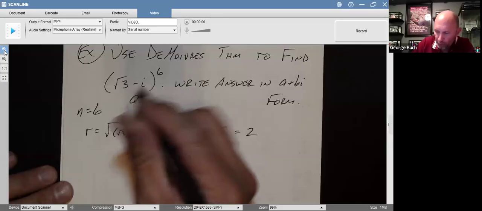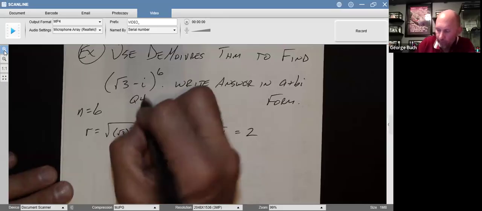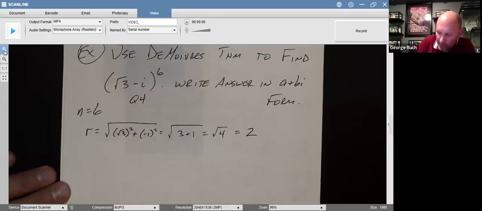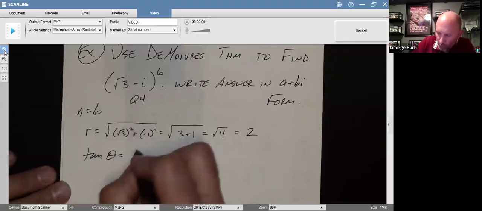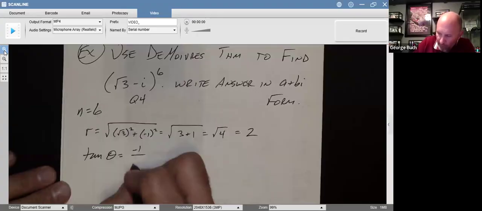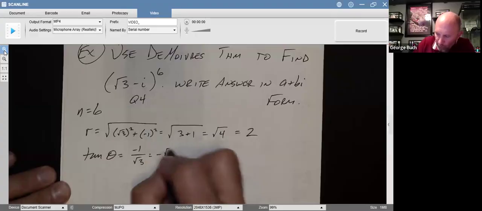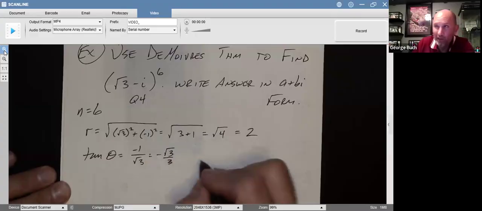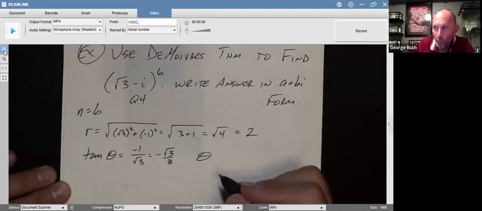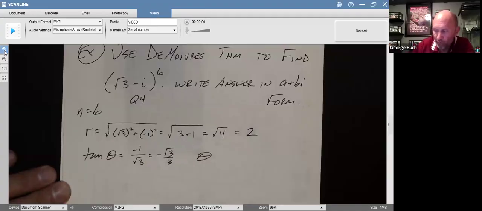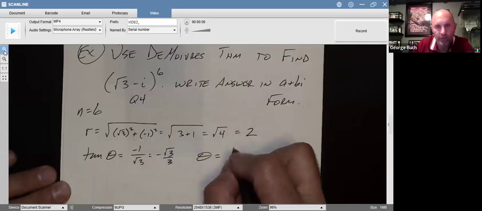Positive, negative, quadrant 4. So my tangent of theta is b, -1, over a, √3, which is -√3 over 3. That's like pi over 6. So where in quadrant 4, what value has pi over 6? That's 11 pi over 6.